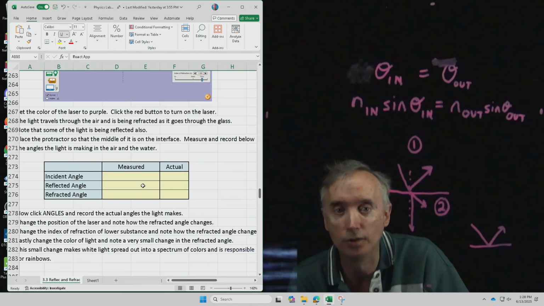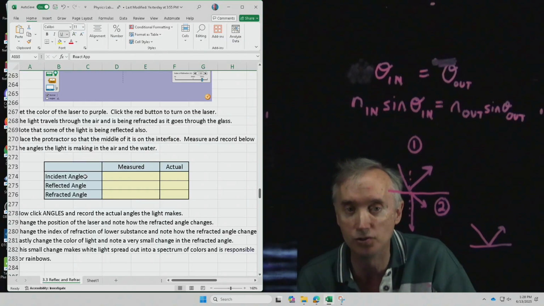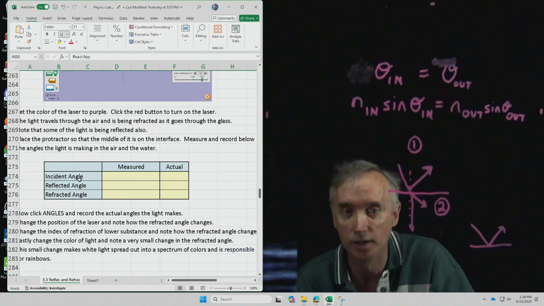So down here, the incident angle is the angle going into the substance. Then you've got your reflected angle and the refracted angle. So you're going to put those measurements right here.